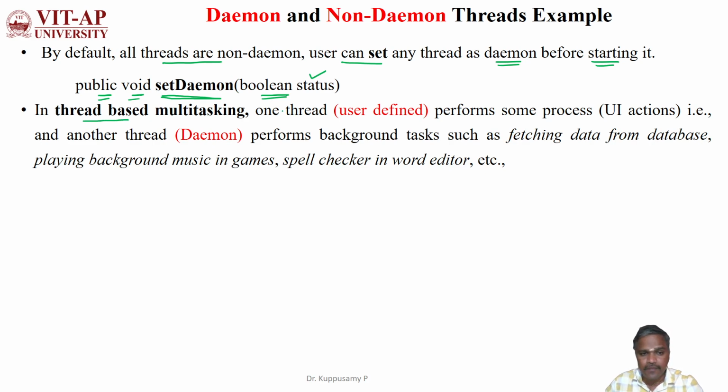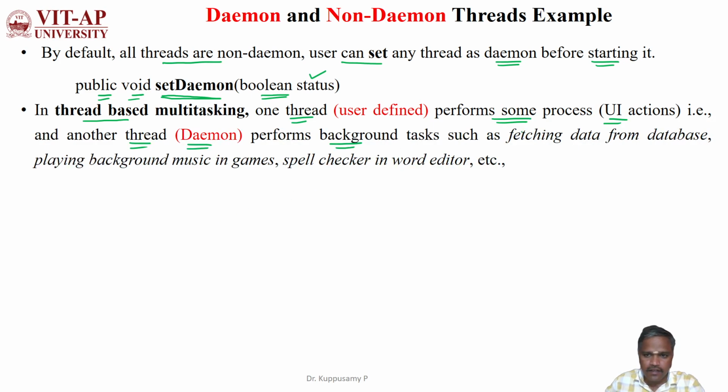Based upon that, in thread-based multitasking, one thread, that is a user-defined thread, performs a process. For example, receiving data from the user based upon user interface actions, and another thread, assume the daemon thread, will perform its process in the background of the program.